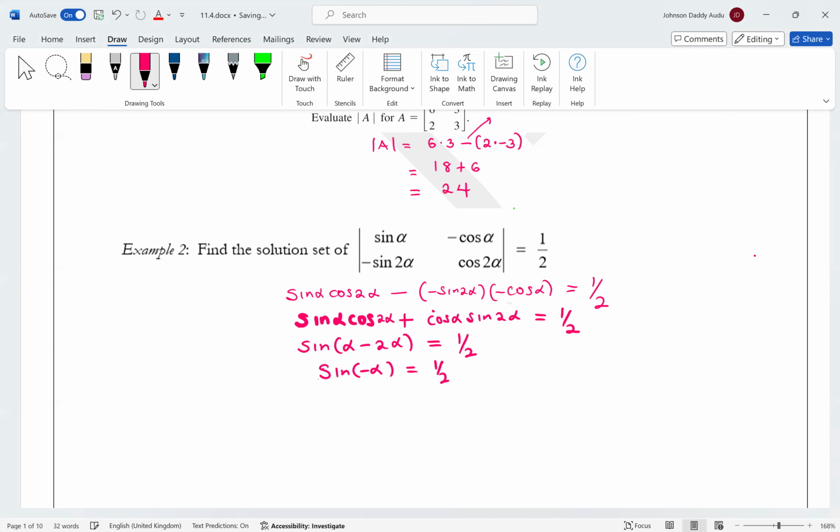And now since sine is odd, the minus can come out, so we have minus sine alpha equals 1 over 2, which means that sine alpha is minus one half.